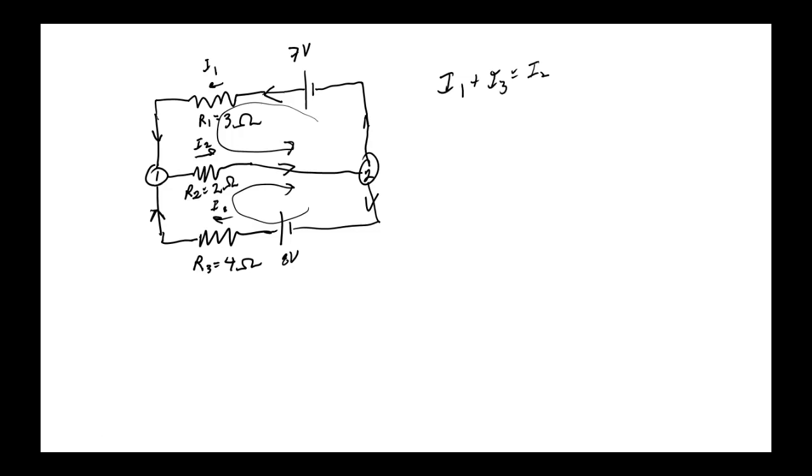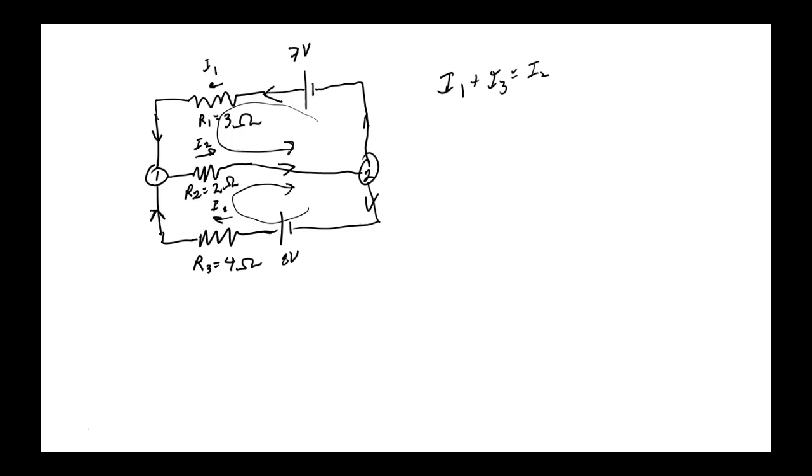Now, you could, if you wanted to, do another loop, and that loop could be the outside loop. Here you have to decide which way you think things are getting pushed. Is the 8 volt pushing harder against the 4 ohm resistor and backing up against this one? If you went this way, this would be a positive 8, that would be a minus 4 times I3.